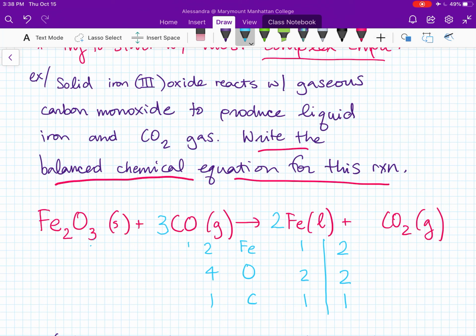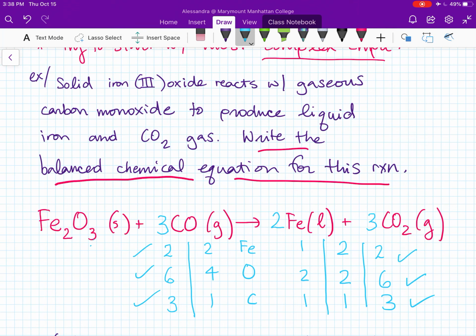If I place a 3 on the left side, maybe that will help me figure this out. That gives me 2 irons, 6 oxygens, and 3 carbons. So if I place then a 3 here, does that work? I still have 2 irons, but now I have 3 times 2 is 6 oxygens and 3 carbons.